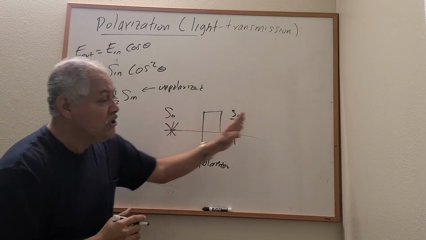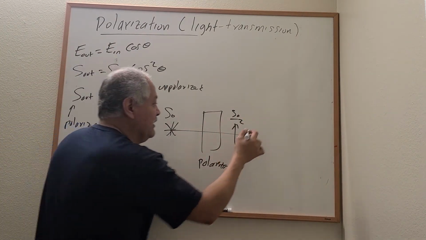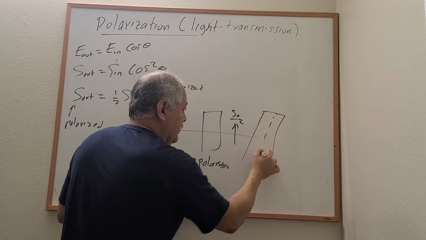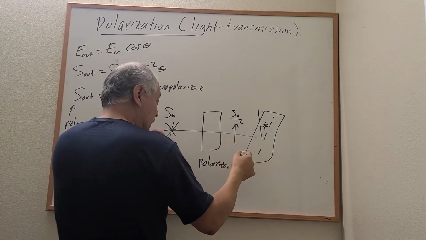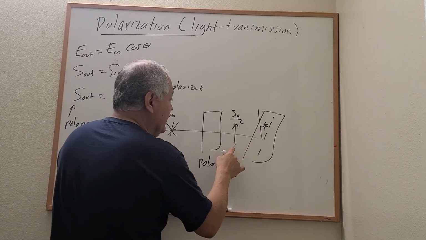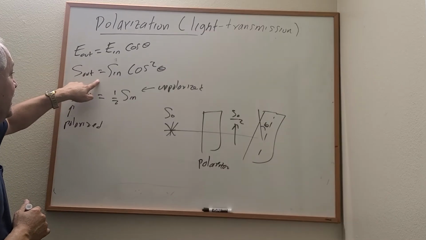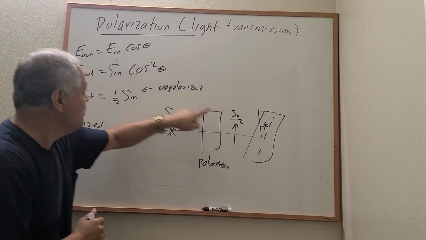But what happens if we continue, using an analyzer? Imagine we have an analyzer right here, combined with theta. Now, what happens in this case? In this case, we use this equation, the Malus law, correct? When we work with the angle, we use Malus law.